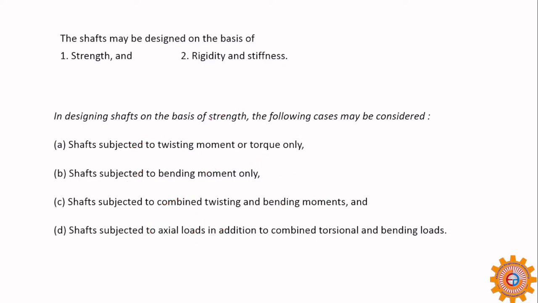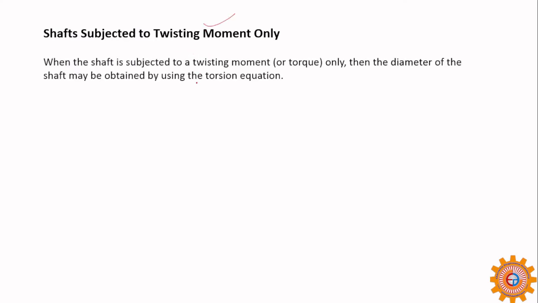Now we will concentrate on when the shaft is subjected to twisting moment only. When the shaft is subjected to torque only, the diameter of the shaft may be obtained by using the torsion equation, that is this one.